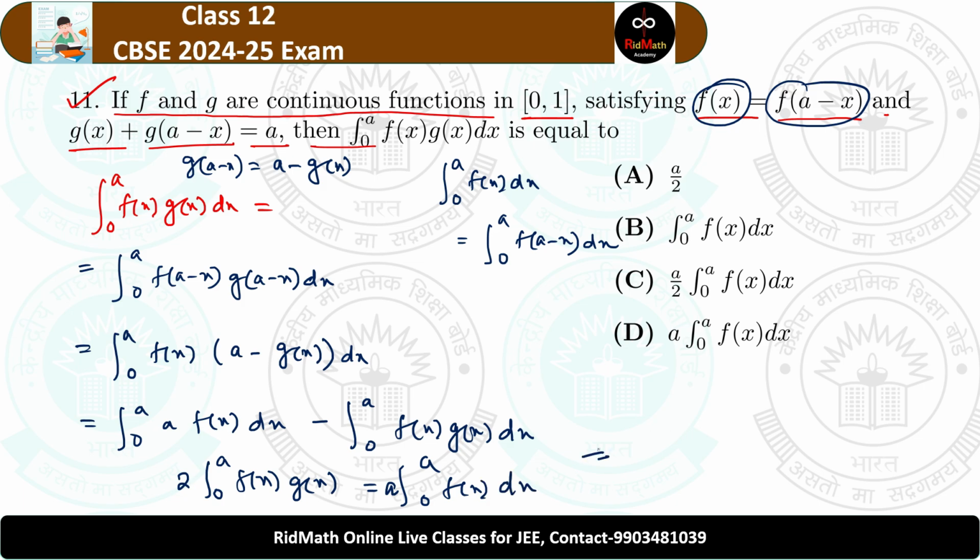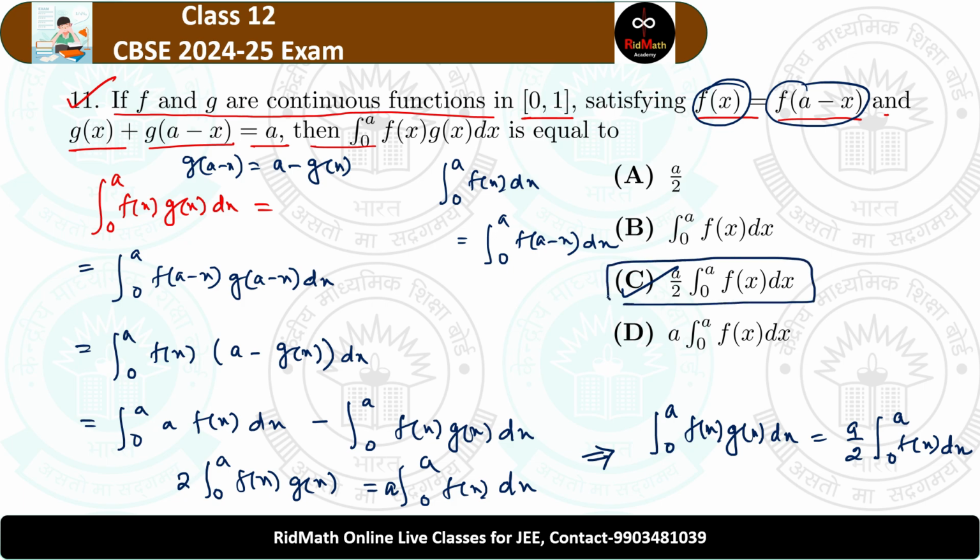So that means integral 0 to a f(x) g(x) dx is equal to a by 2 into integral 0 to a f(x) dx. So option number C is correct.